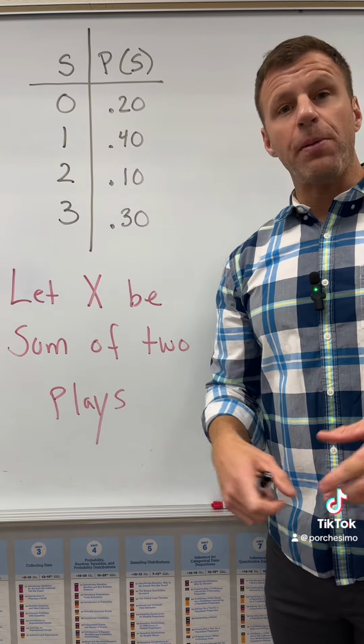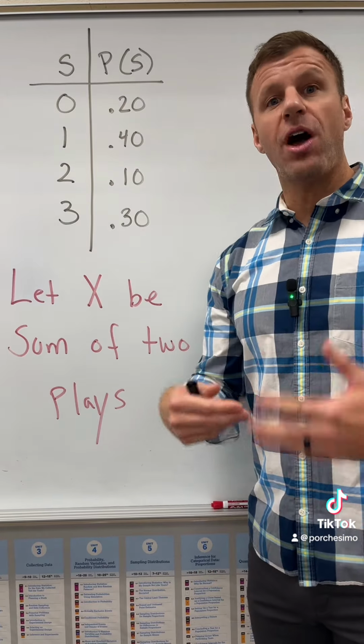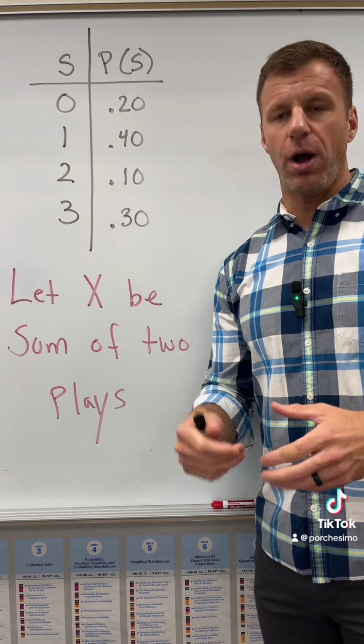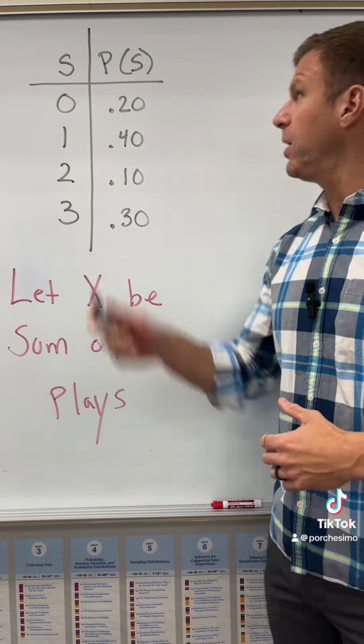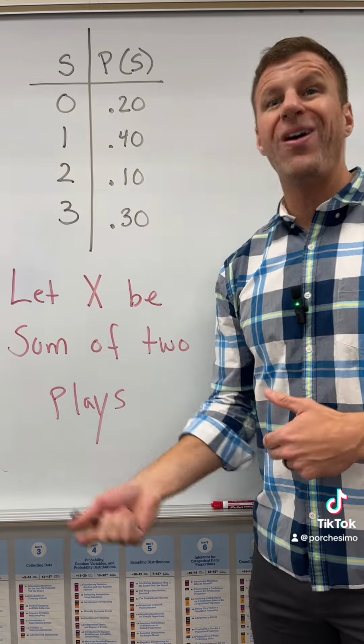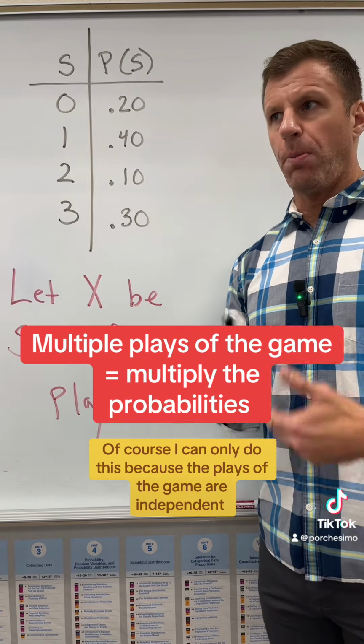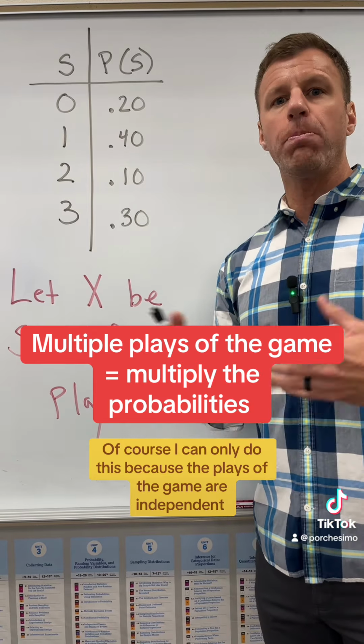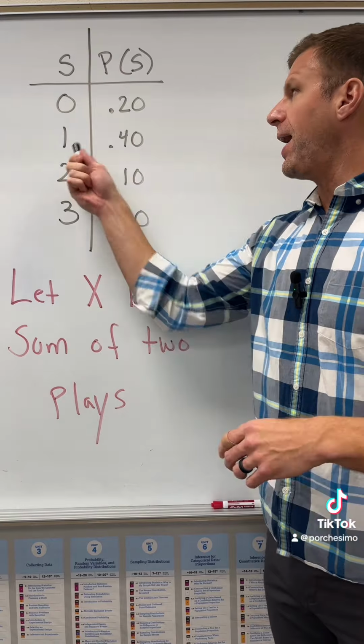Now, to find those probabilities, I have to go back to the probabilities of each of the individual outcomes. So for example, to get a total sum of 0, I need 0 and then 0. So that'd be 0.2 for the first 0 and then 0.2 for the second 0. Multiple plays of the game, I multiply 0.2 times 0.2 or 0.04. It's that simple. Now, how do I get a 1?